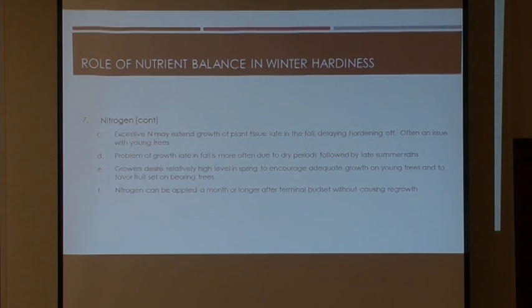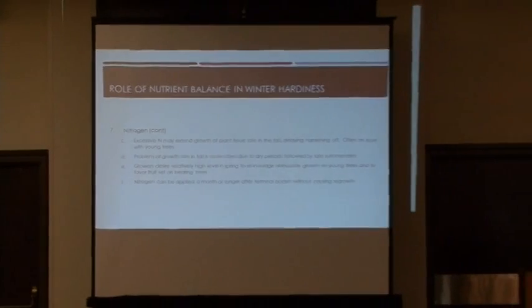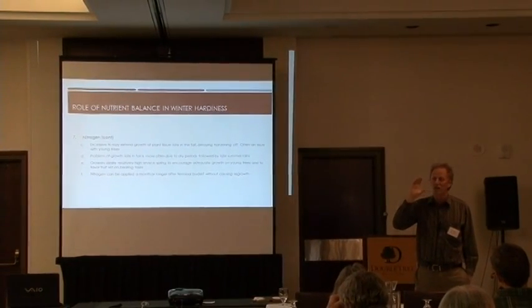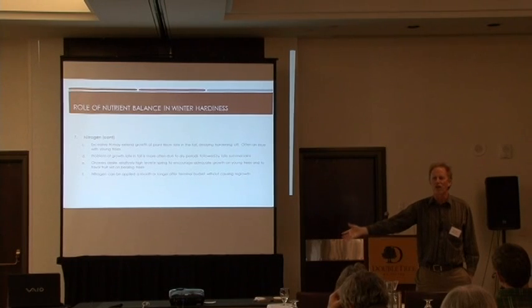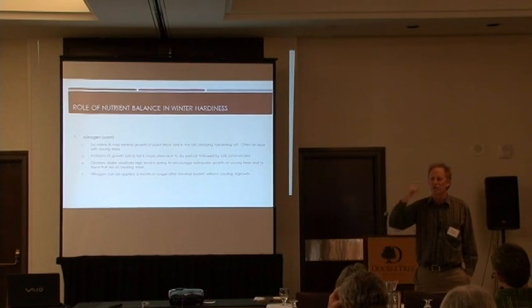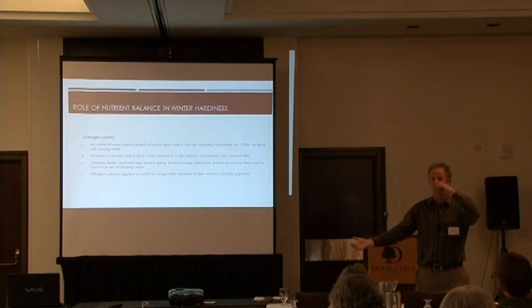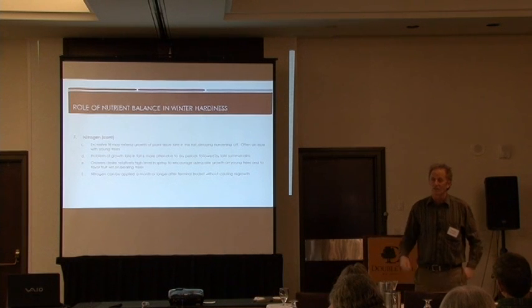This actually started in the 80s or 90s, where people started looking at doing a late fall nitrogen application. It's both. Let's say late September, so we're talking a long time after terminal bud set. You can apply foliar nitrogen or through the roots.